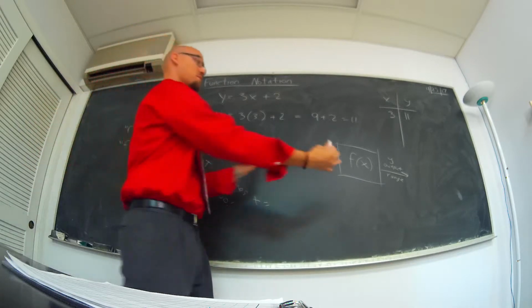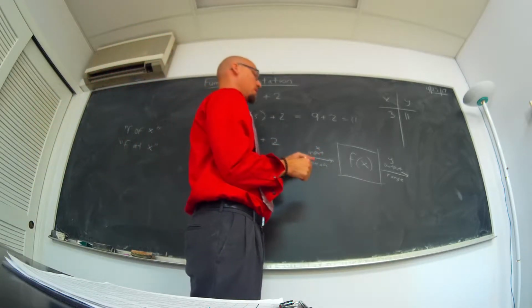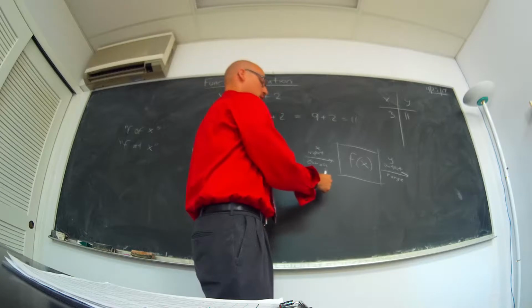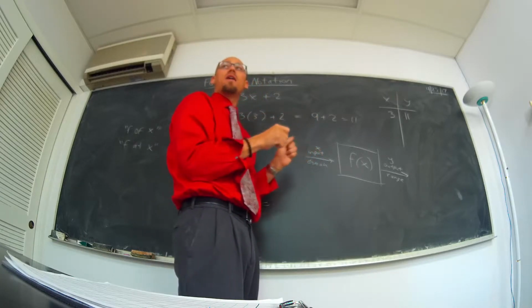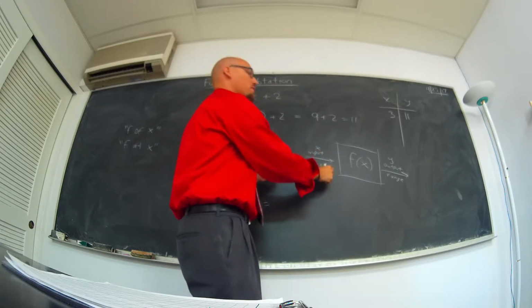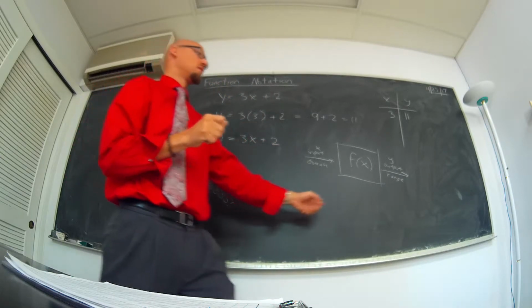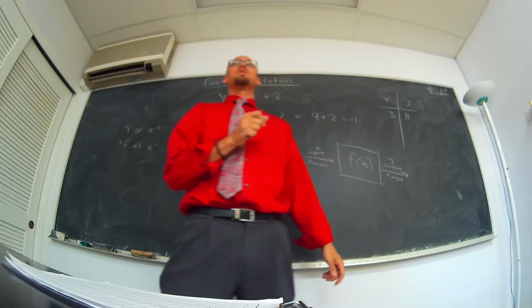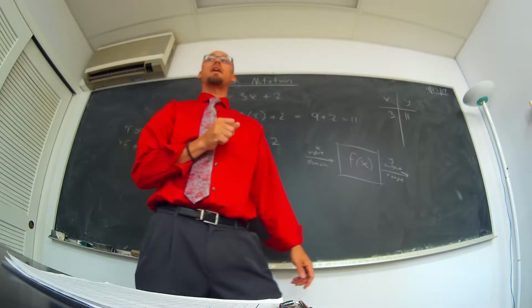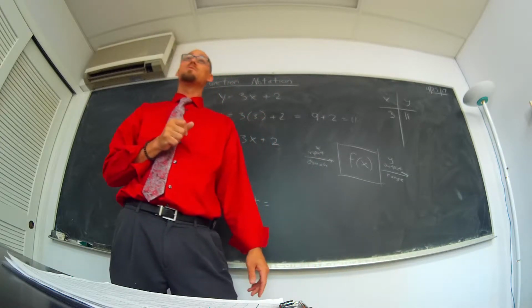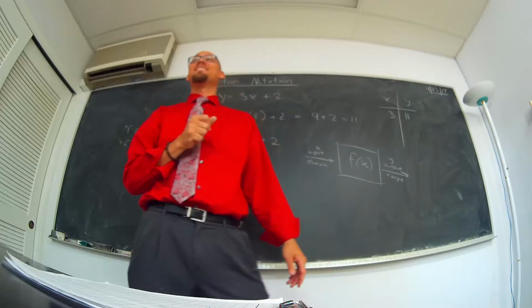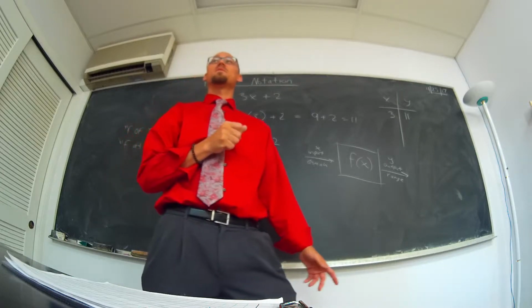In your vending machine example, your domain would be the buttons you press, like A5 or B7. All of those different combinations of stuff you could press, that's your domain. And your range is Skittles, crackers, Cheetos. Squirrels, things like that.